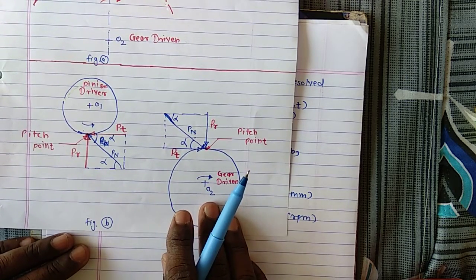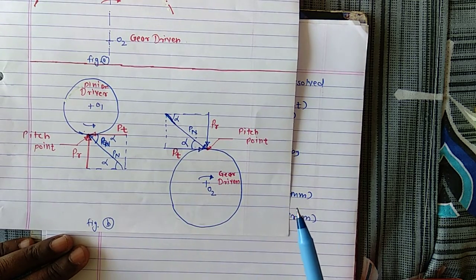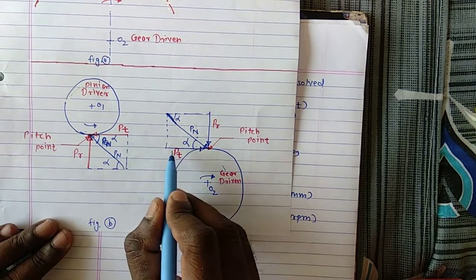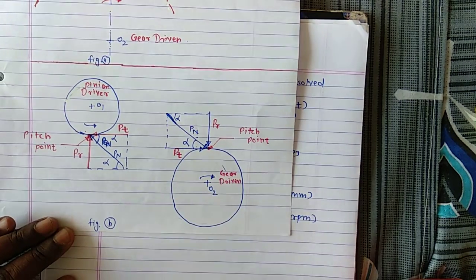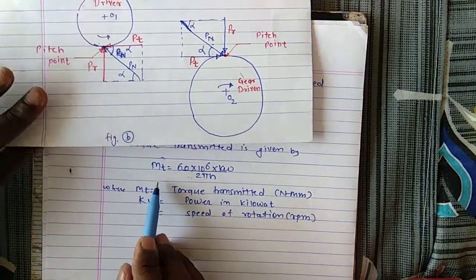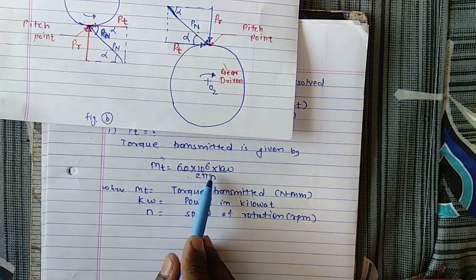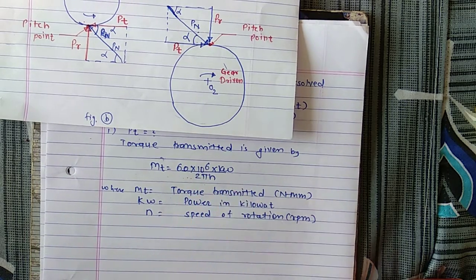You can use any element, pinion or gear. Now I am taking it for gear. It's a tangential force PT, and I want to find the value of torque. Torque can be found using two equations. Either you can use Mt is equal to 60 into 10 raised to 6 into kilowatt divided by 2 pi N when you know power and RPM.